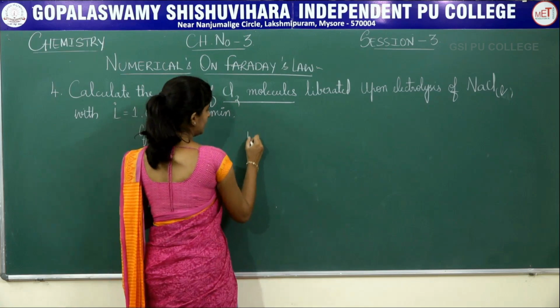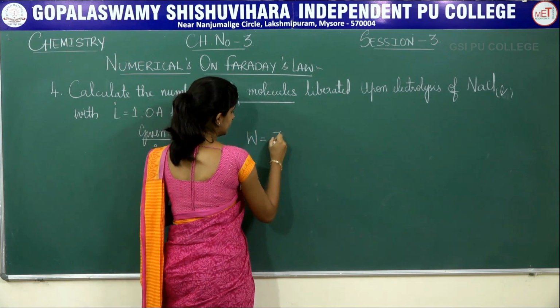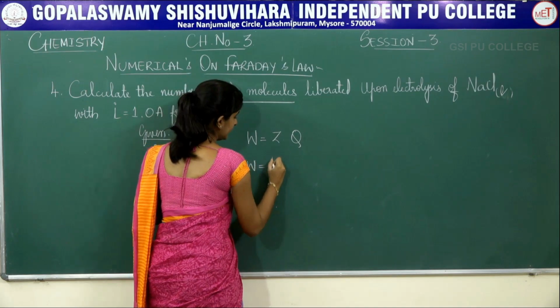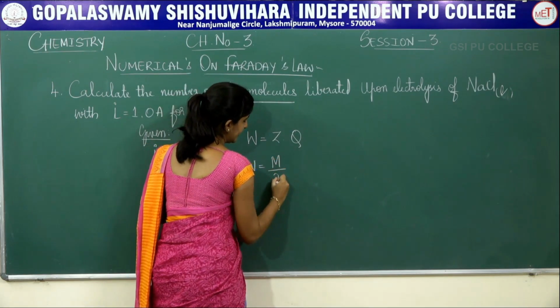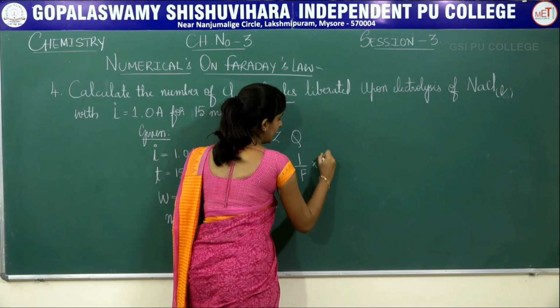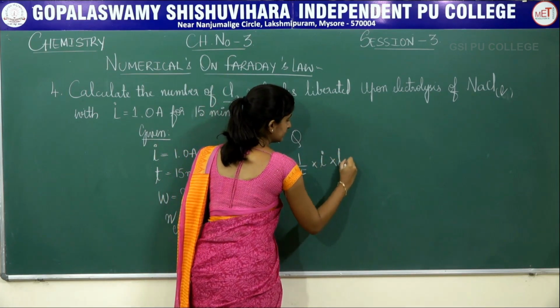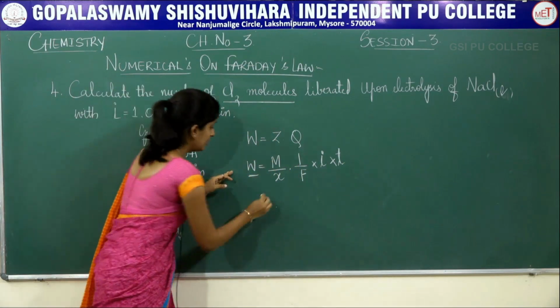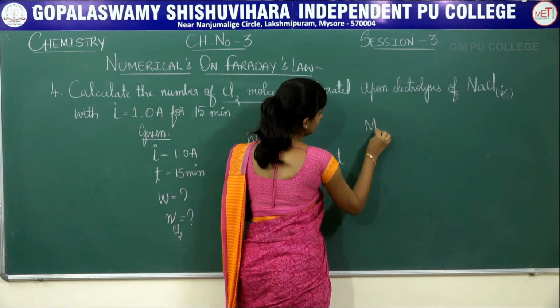So what is the formula? We know W is equal to Z into Q, that is W is equal to M, the molecular mass, divided by X, into 1 by F into I into T, which gives me the mass of chlorine gas liberated. So what is the molecular mass of chlorine?